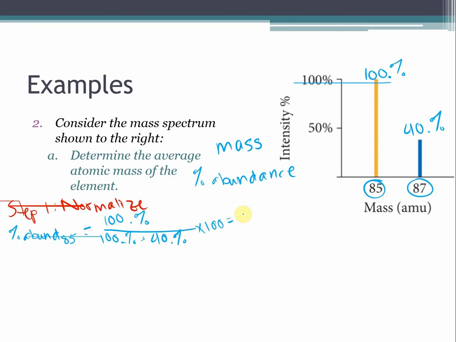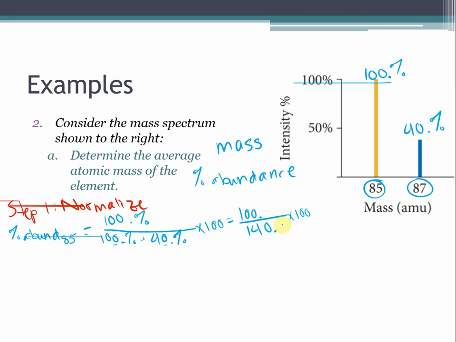So first we get 100 point over, this has a significant figure in the ones place and in the ones place. So we're going to keep this to the ones place by keeping that decimal. So over 140 times 100.